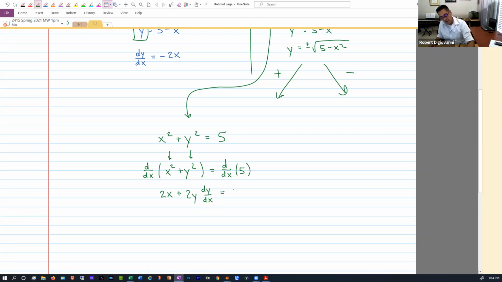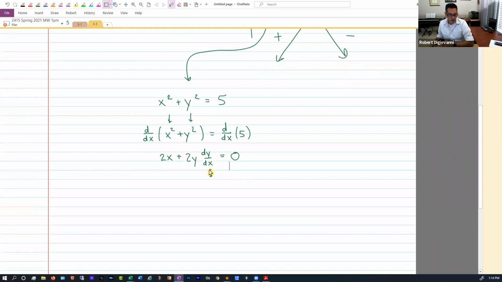And then on the right side, you get 0, the derivative of a constant. Then you can isolate this by moving the other stuff to the other side: subtract 2x and then divide through by 2y. You wind up getting negative x over y. So that would be your derivative.